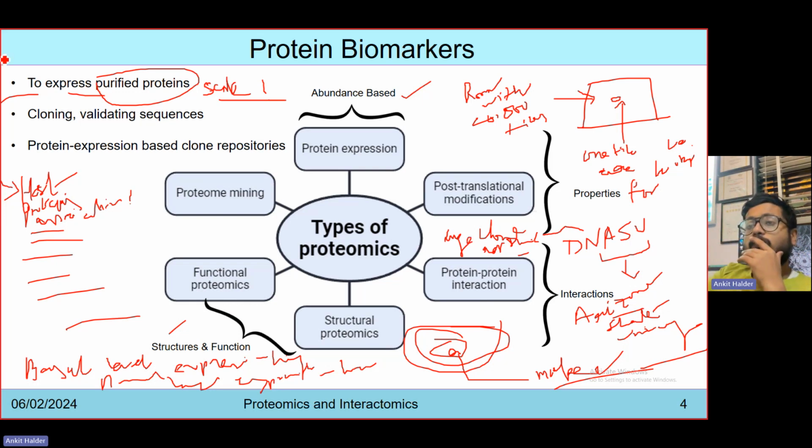Then the protein expression based clone repositories, for which Professor Joshua Laber has taken a great initiative and has done almost for all the proteins across the different states of India.